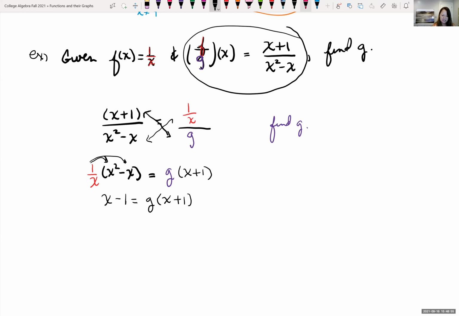So I can see that I'm going to get g by itself by dividing both sides by x plus 1. So it looks like g is equal to x minus 1 all over x plus 1.